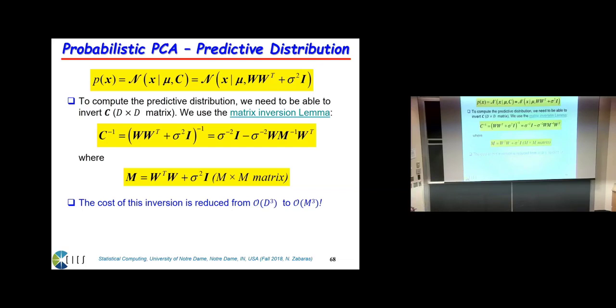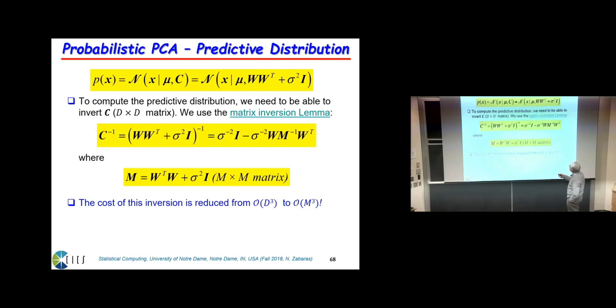Thanks to the matrix inversion lemma, which you will see a few thousand times, there is a very nice inversion formula, and the cost is that you're only inverting an M by M matrix, not D by D.